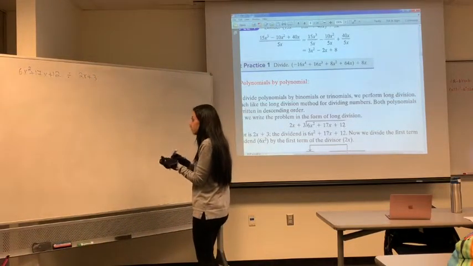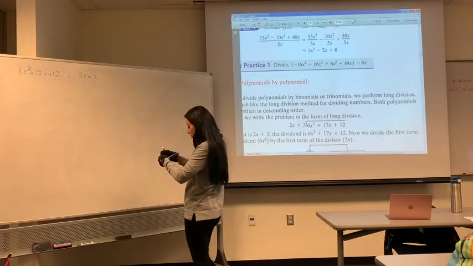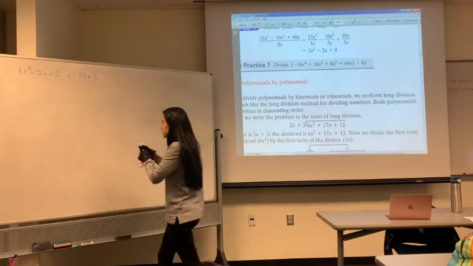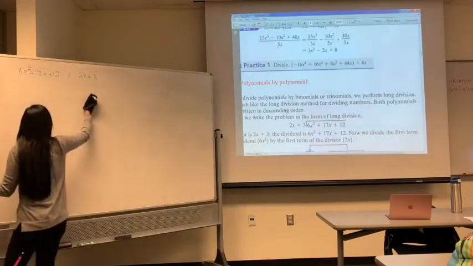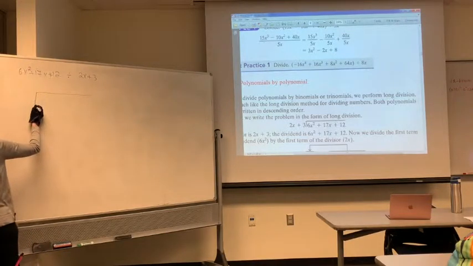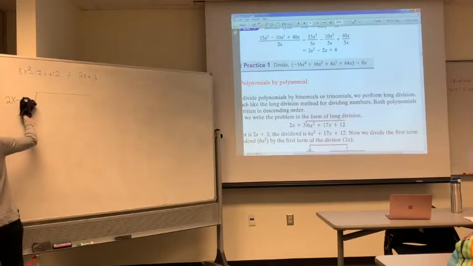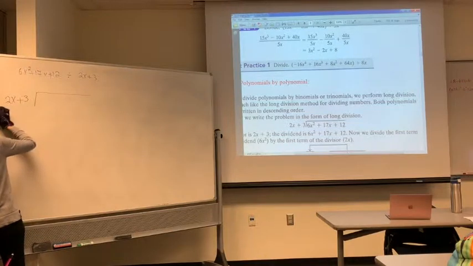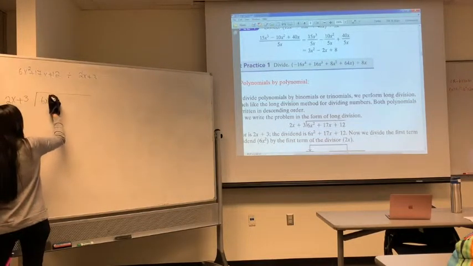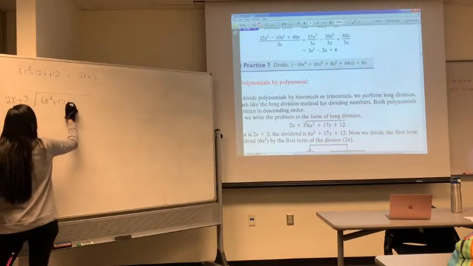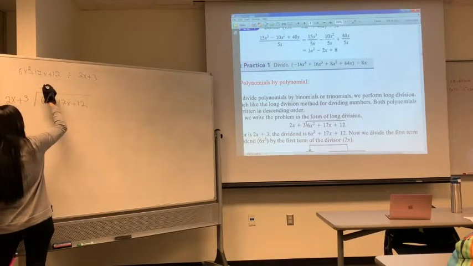Let's write it down in long division form. So we have the divisor here, the dividend here, and the quotient or answer goes here.